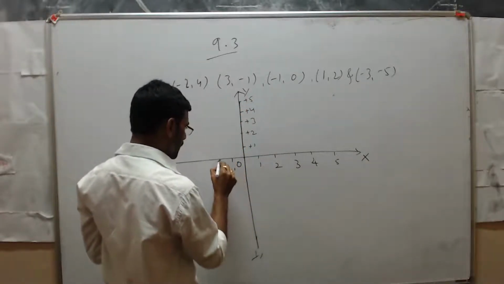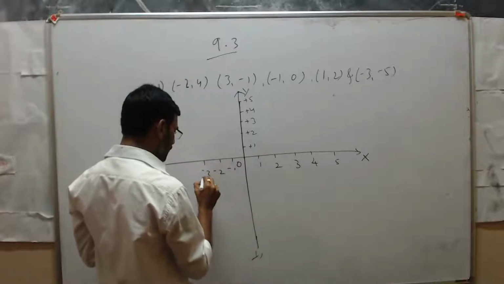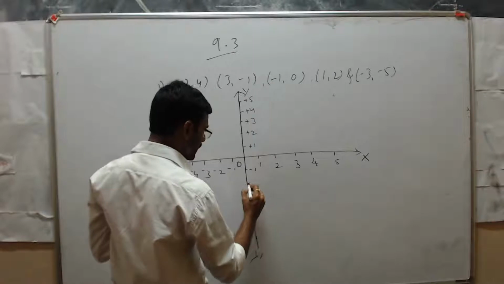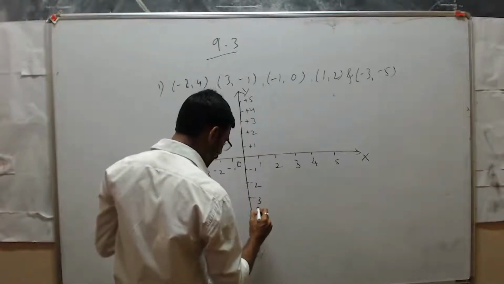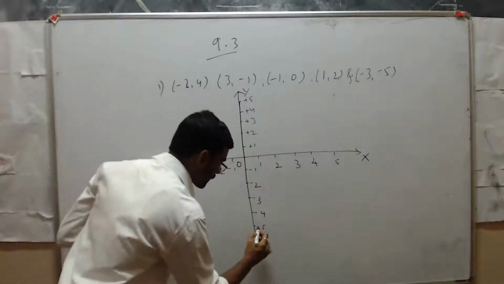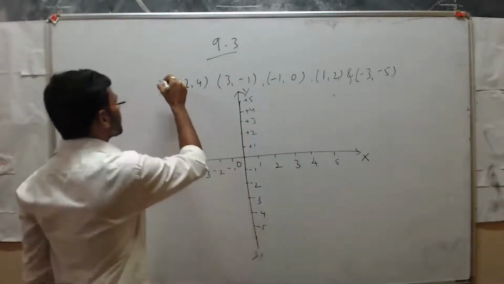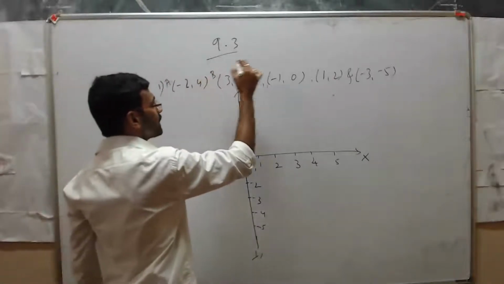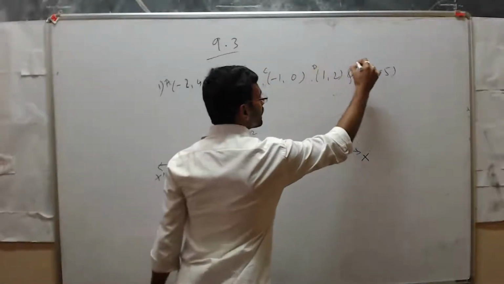Now -1, -2, -3, -4, -5. Now we consider the points as A. I am assuming it is A, then B, C, D, E, like this.